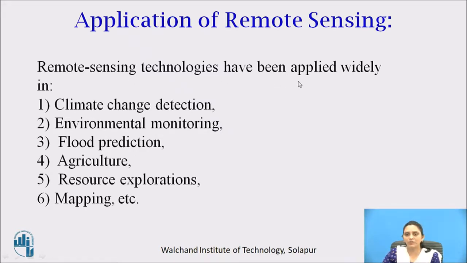Remote sensing technologies have been applied widely in climate change detection, environmental monitoring, flood prediction, agriculture, resource exploration, mapping, etc. Whenever there are changes in climate, those sudden changes are captured by the sensor and delivered to the ground source, and this is utilized for climate change detection. Similarly, flood prediction can also be done with the help of remote sensing.